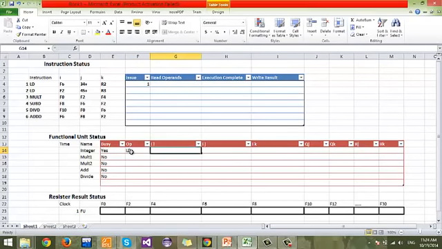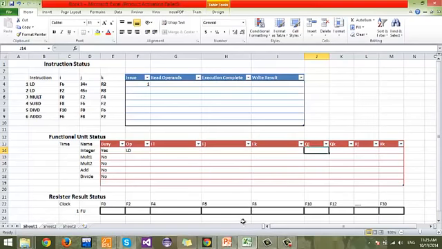What's Fi? Fi is here the destination register. Fj and Fk are source registers. Qj and Qk, okay. Qj determines which functional unit is going to produce Fj.